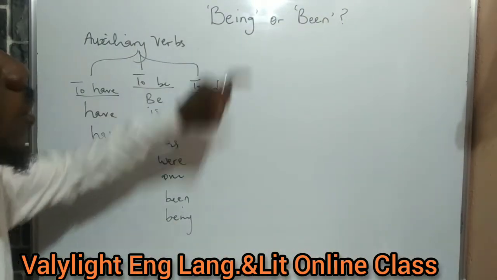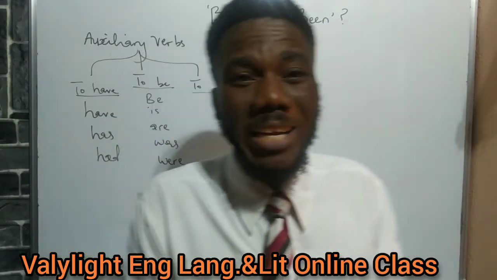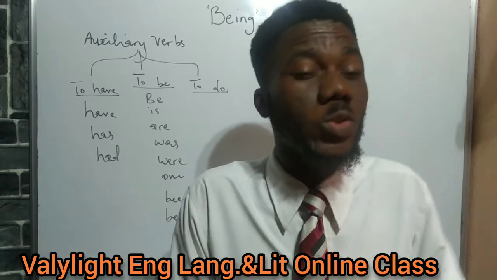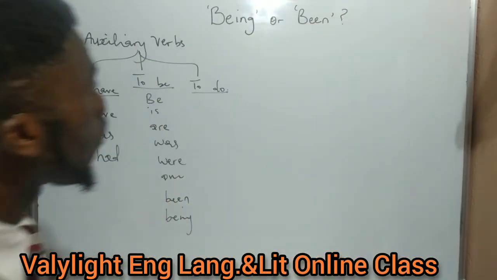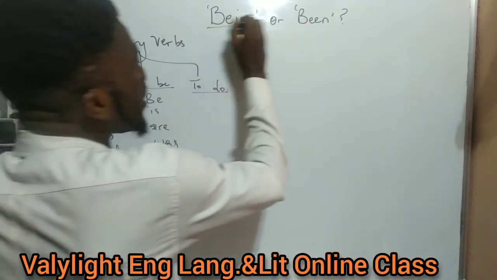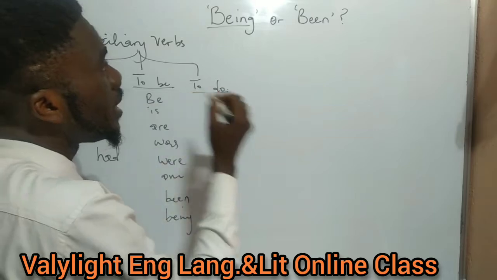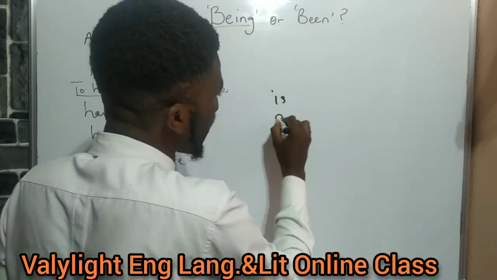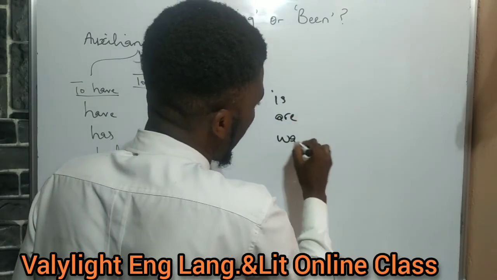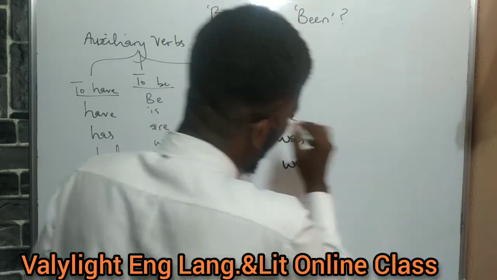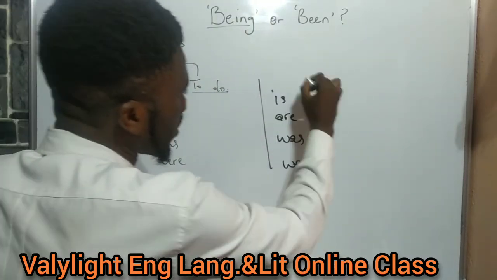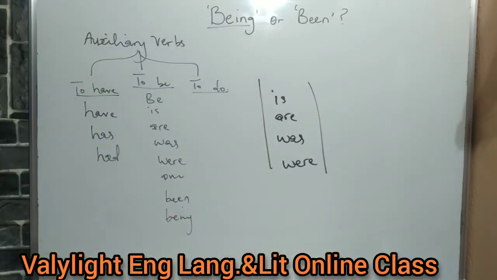This particular one is talking about an action that is or that was ongoing. Therefore, whenever you are considering this, make sure that the auxiliary verb that comes before it is either is, are, was, were. These are the words that must go with this.